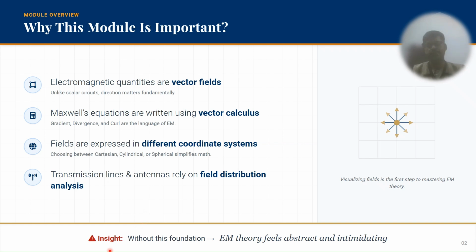So the insight is that without this foundation, EM theory feels abstract and intimidating. So the foundation is very important. Otherwise, as a student, whenever you study electromagnetic fields, it will look abstract, and you cannot visualize it. Basically, that is the problem with this subject, that you cannot visualize in which directions.